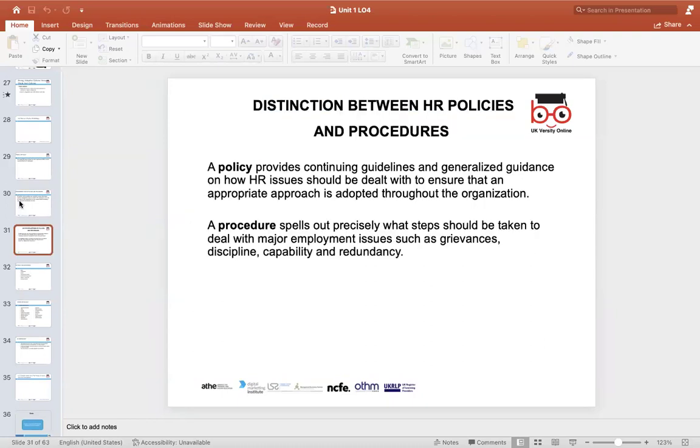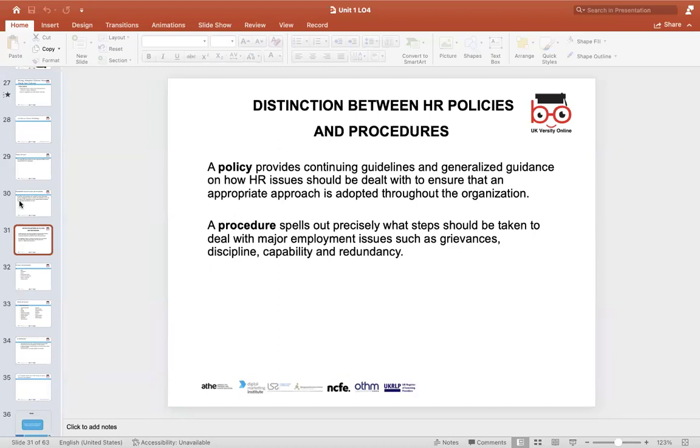Now, the distinction between HR policies and procedures. A policy might be some guidelines that the HR team uses when they reach an appropriate situation in the future, whereas a procedure might be step-by-step guidance, a process in terms of how we deal with those issues. Like you have grievances, disciplinary, capability, redundancies. Those would be the procedures that you go through, whereas a policy would be, for example, a dress code policy or a maternity policy.